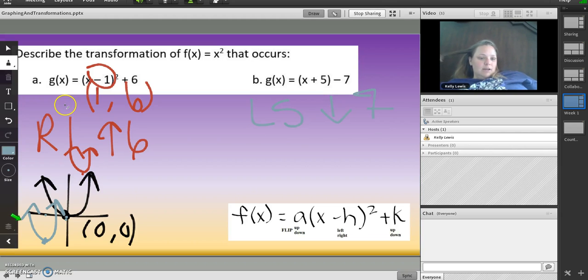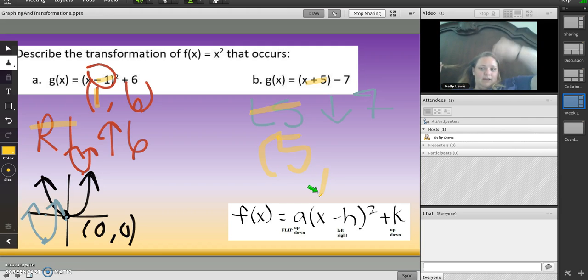Hey guys, so I just finished showing y'all the relationship between h: -1 went right 1, +5 went left 5, because it's opposite of what you think, and that's also part of the vertex. The vertex is either the max or the min.